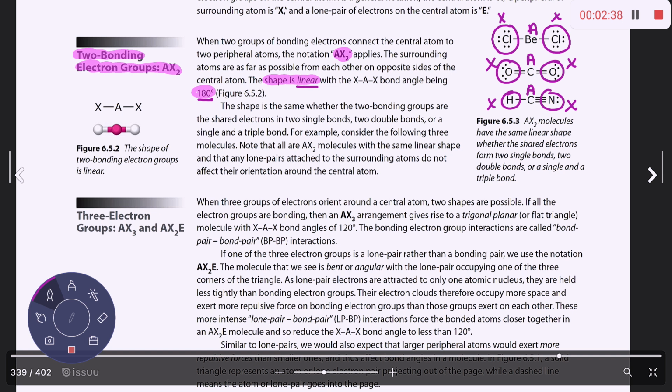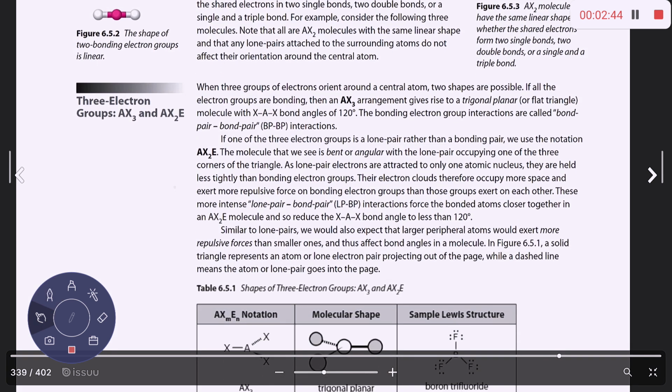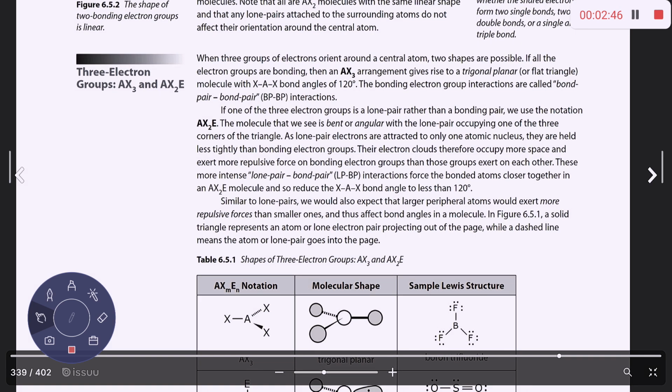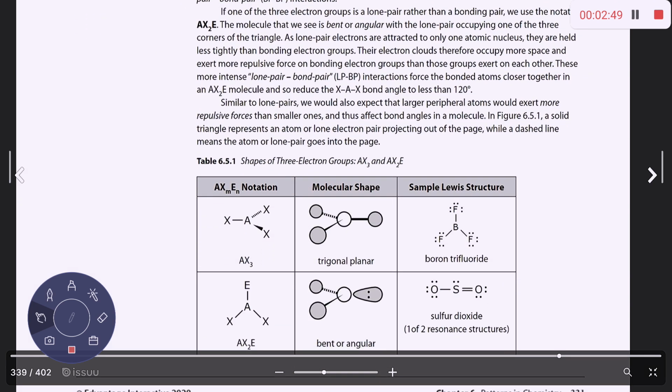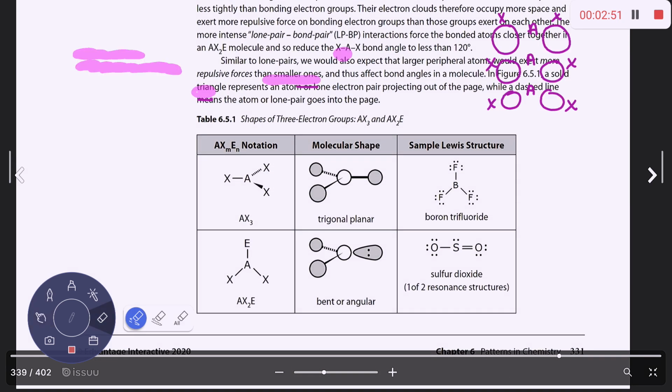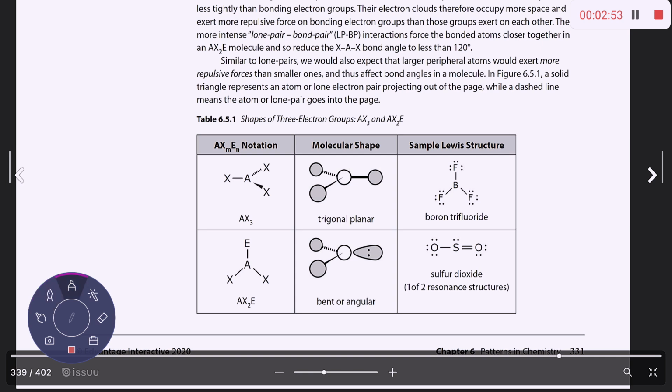Okay, now let's move on to 3 electron groups. So for 3 electron groups, there are a couple of possibilities. So what I'm going to do is we're going to come down here and I'm just going to address the possibilities here. Okay, so let's take a look at boron trifluoride. So I put an A on my central atom. I have 1, 2, 3 bonded groups. So these would be my X's.